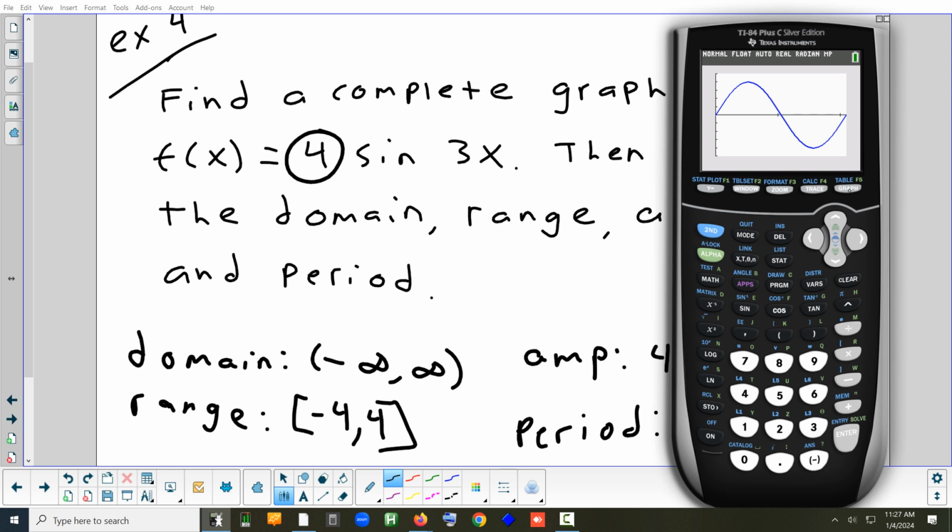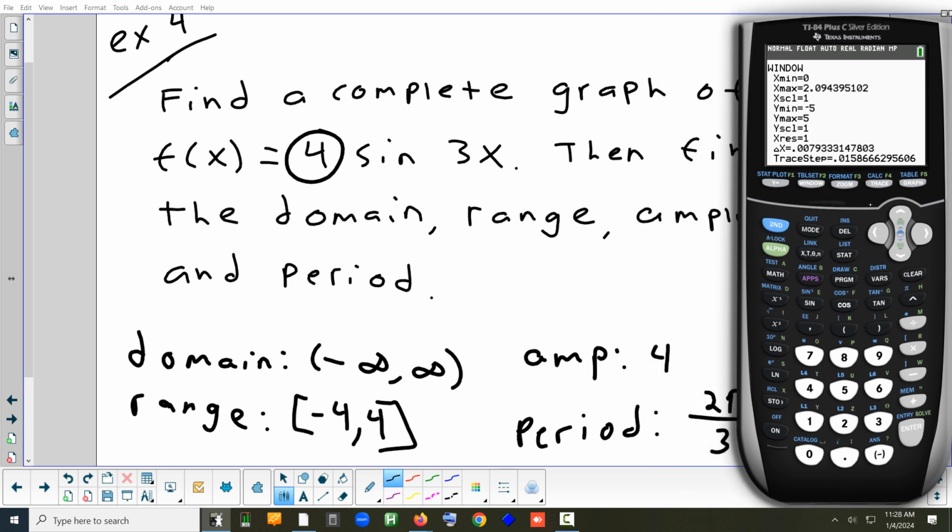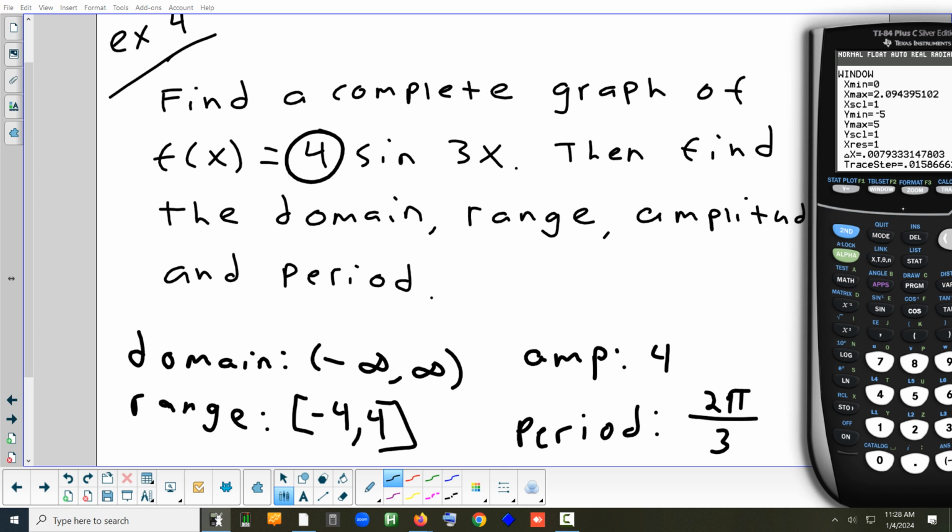It did say to find a complete graph, so I would write down the min and maxes. Remember, the period was 2 pi over 3. Now, that's one cycle. What if I wanted to see 2 full cycles on the screen? How long would 2 cycles be? It would be double the length of one cycle.